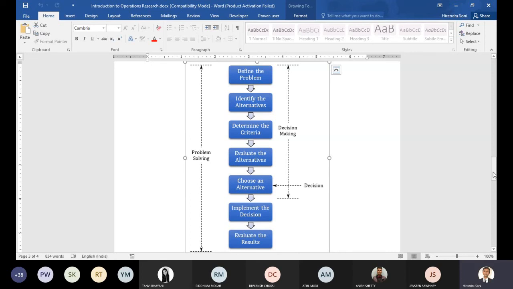Now, if my customer is switching over, if my customer is preferring the other competitor, that means there is something which I am not able to address in terms of my customer's requirements. Either his requirements have changed or the other person is offering something which I am not offering.